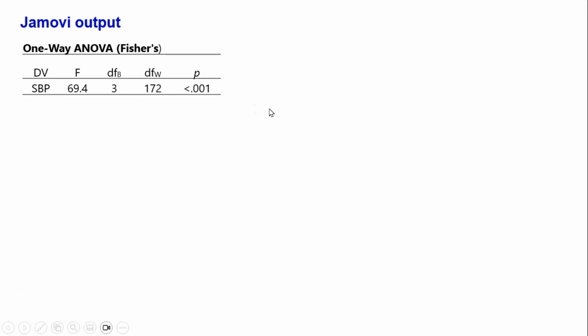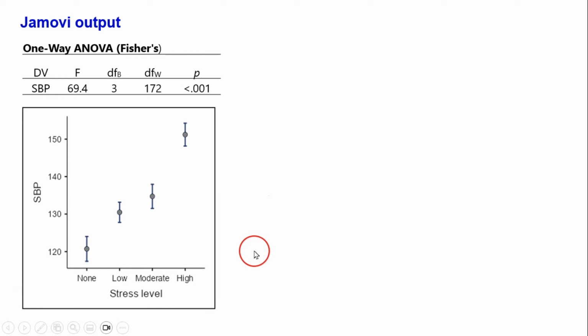So let's look at that little diagram then that you get, and this is in Jamovi, by the way, still. So this gives us the little diagram we want to see. There's our stress level on the x-axis, none, low, moderate, and high, with the systolic blood pressure or the dependent variable, as usual, on the y-axis. And so the systolic blood pressure is measured usually in millimeters of mercury.